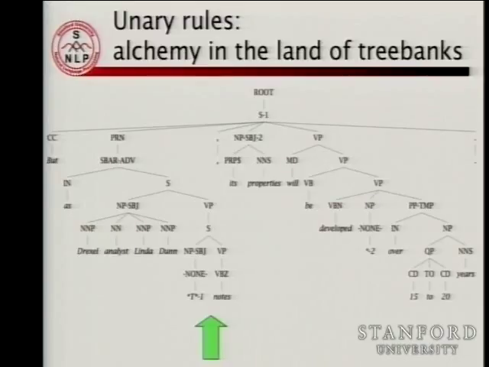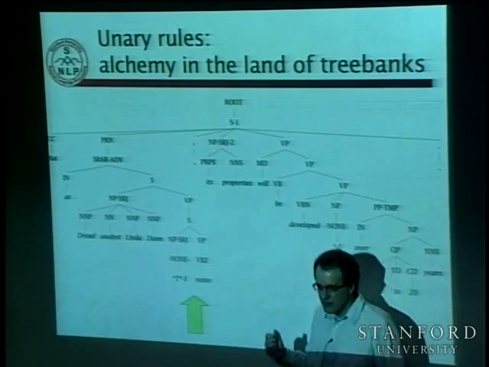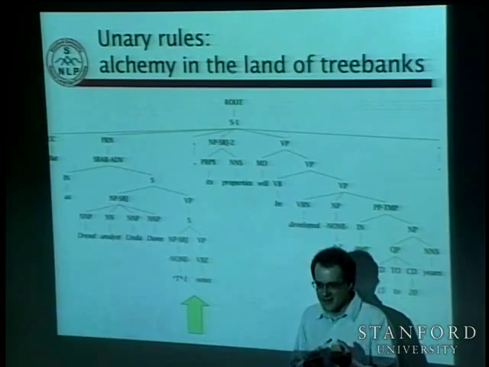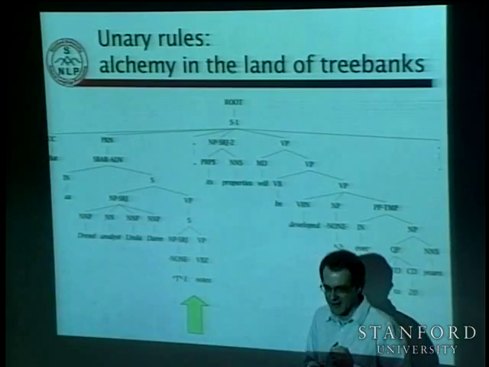A distinctive factor in this treebank parsing, if you just learn grammars of treebanks, is that unary rules cause trouble. And the reason is that you can think of unary rules as just this sort of piece of magic that can transmute one category into another category.